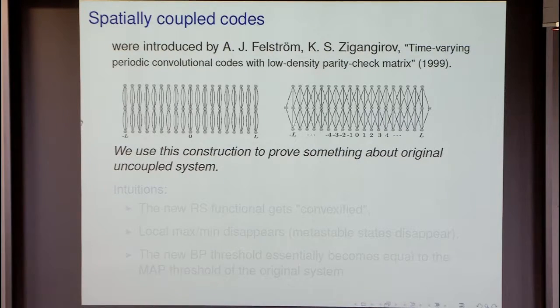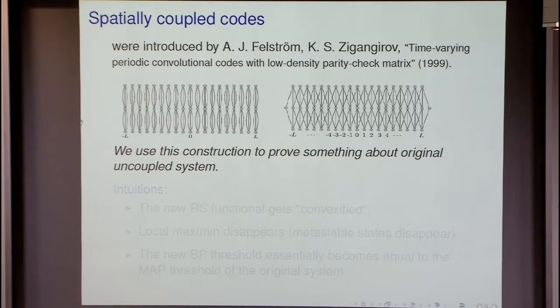What is important is that somehow you have more check nodes at the boundary, so the bits at the boundary are more constrained, so they are better protected. Intuitively, when you run the belief propagation decoder, these bits at the boundary will help you.